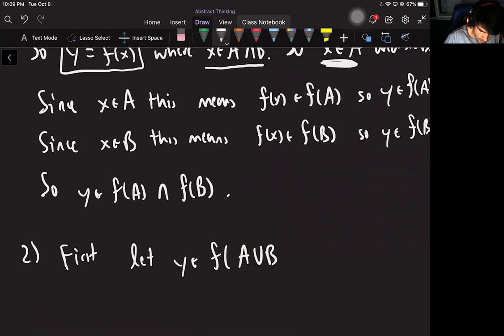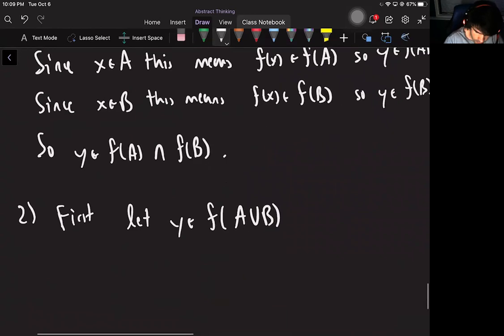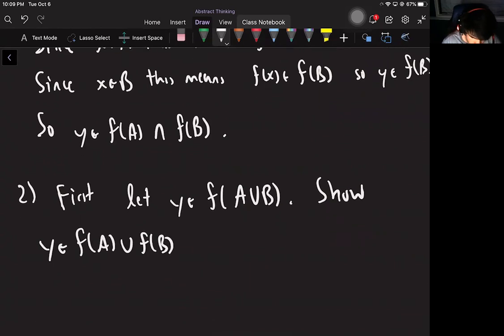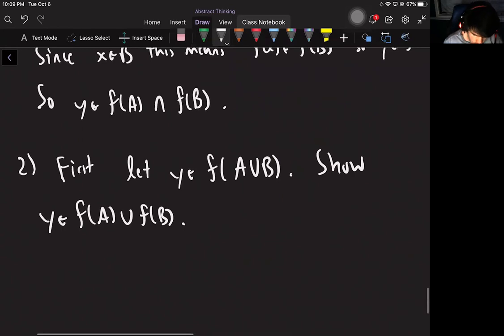So let y be in there, show as a result that it's in the other one, and that will show that the first one is a subset of the other. Then we're going to do it backwards to show that they're subsets of each other, which shows that they are equal.